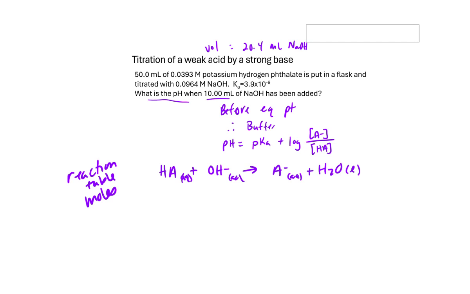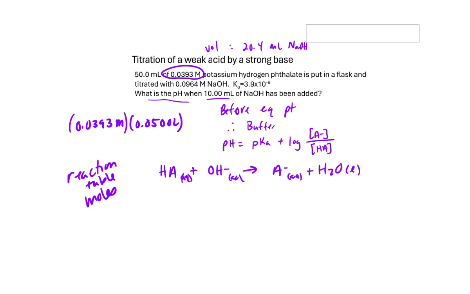In order to do that, we're going to take the initial concentration of our weak acid, 0.0393, and multiply it by the volume in liters, 0.0500 liters.